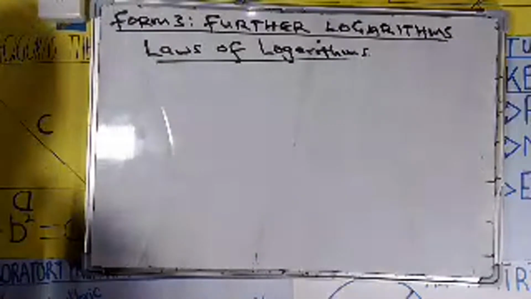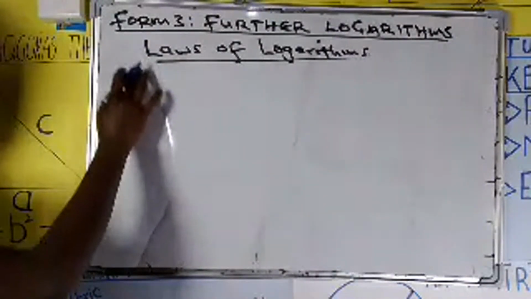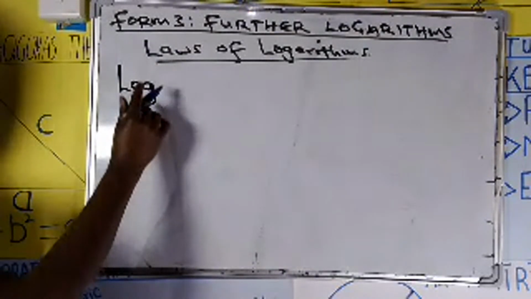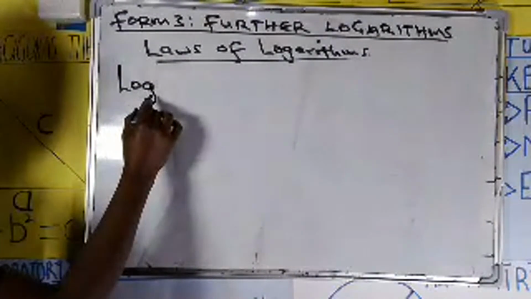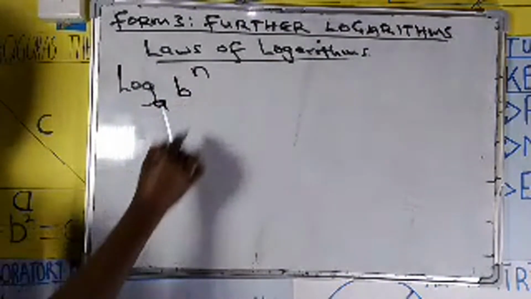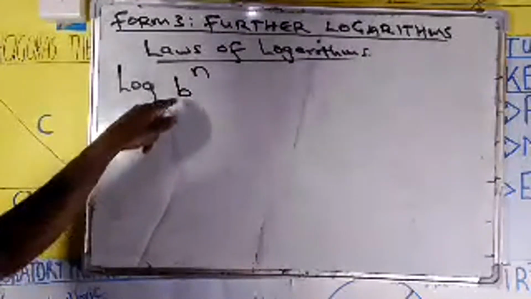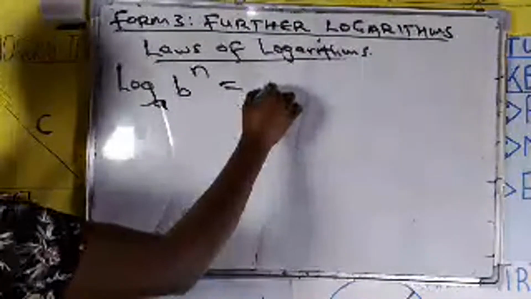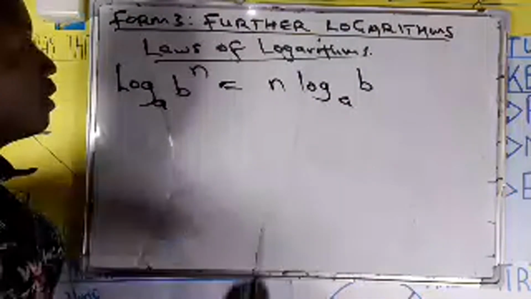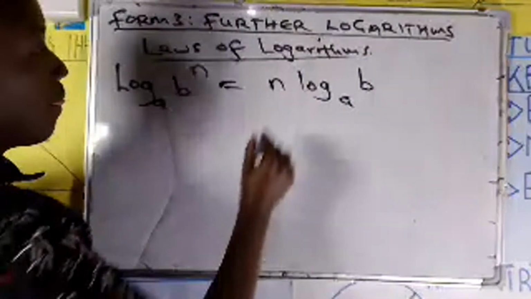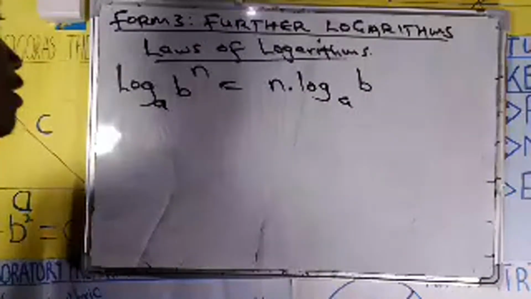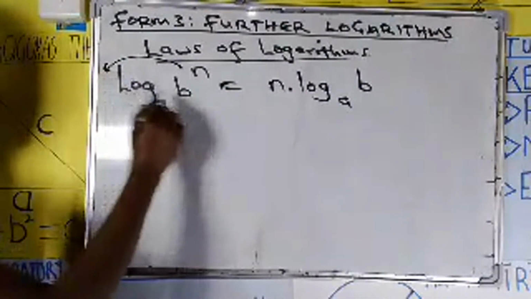Another law of logarithm is that logarithm to base a of b to power n is the same as n times logarithm to base a of b. So we just take this power back here.